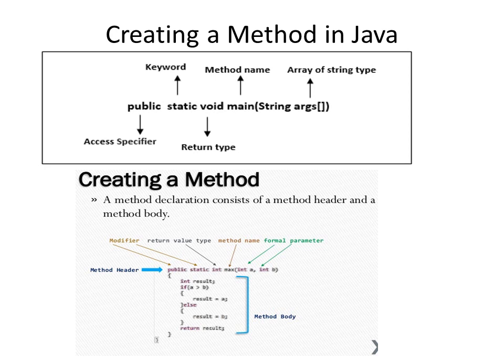Again, public is the access specifier, static is the modifier, int here is the return type. Max is the method name here. Max is going to return a value of type integer, and int a comma int b are the parameters.